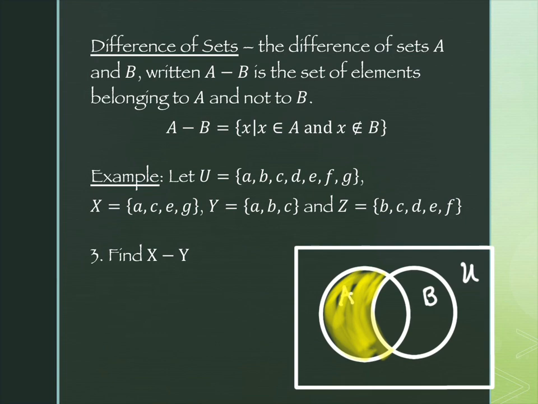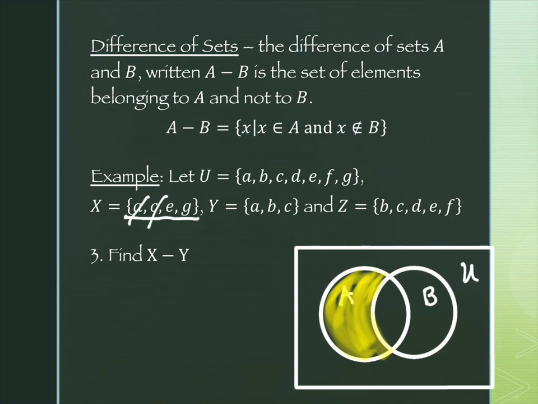You can also take a look at this in terms of writing this down from the perspective of eliminating pieces or removing pieces. So for example, the one we're using, now we're going to use X and Y. So we're taking set X, A, C, E, G. And I'm going to take that set and I'm going to eliminate anything there that overlaps with Y. What in A, C, E, G overlaps with items in set Y?